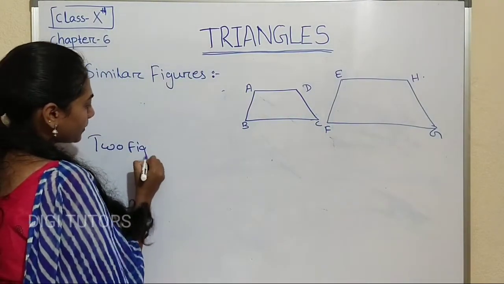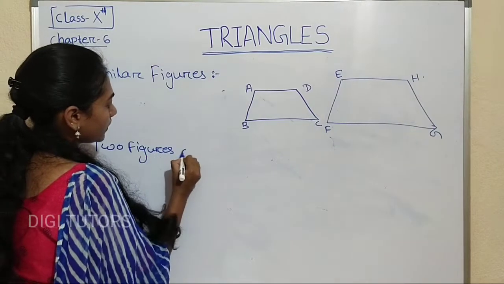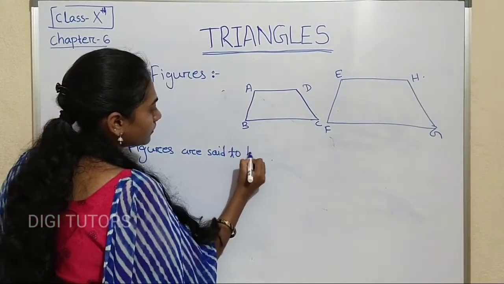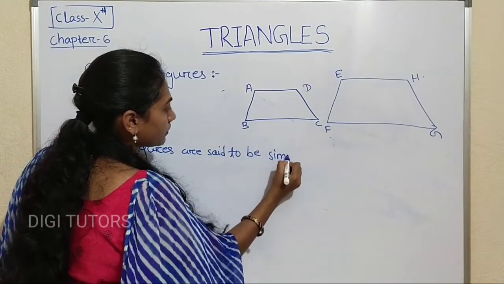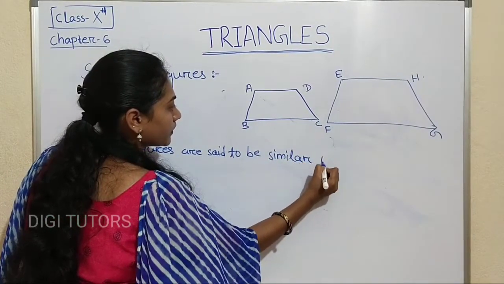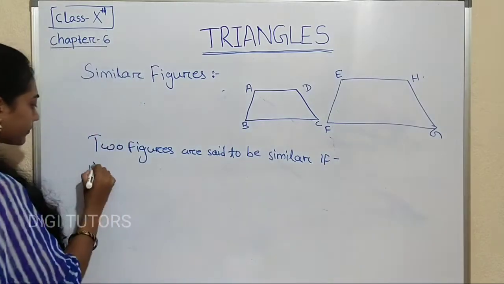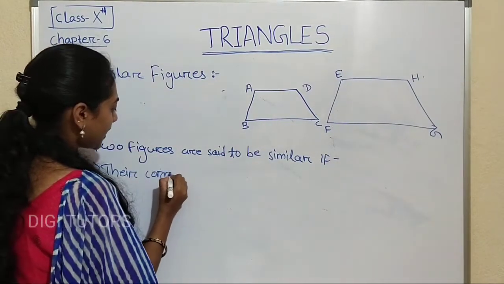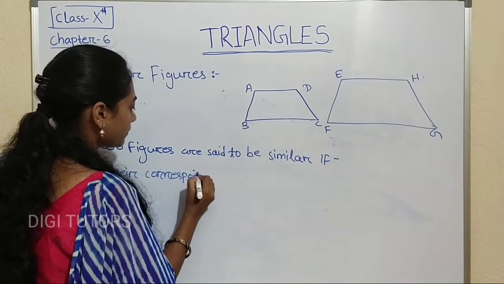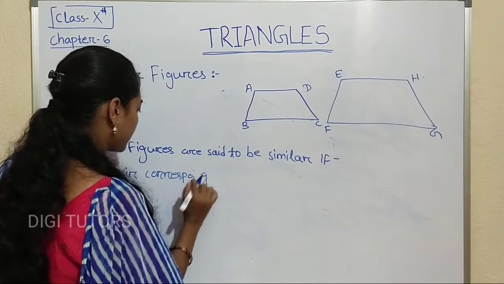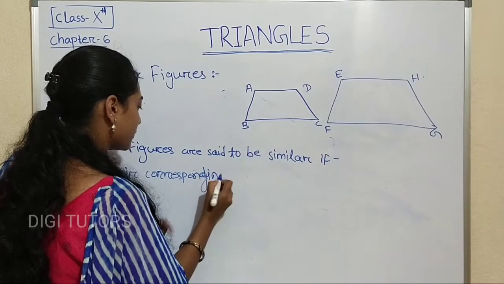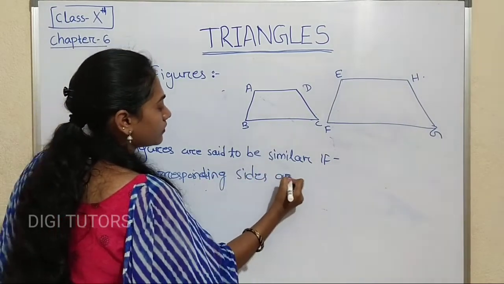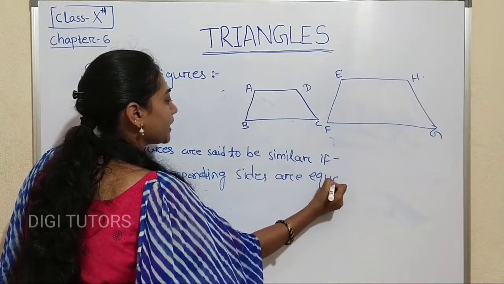Two figures are said to be similar if their corresponding angles are equal. What does it mean?